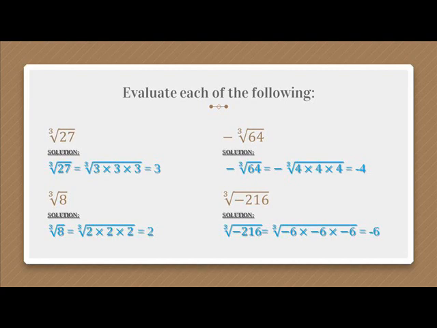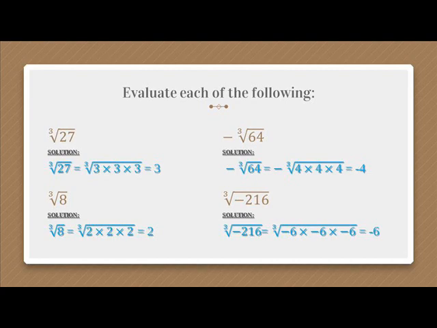Then we have cube root of 8. Well, 2 multiplied to itself 3 times gives us 8, so our final answer is 2. Then we have minus cube root of 64. Well, 4 multiplied to itself 3 times gives us 64, so our final answer is minus 4. Then we have cube root of minus 216.